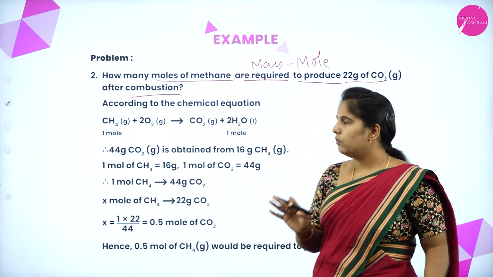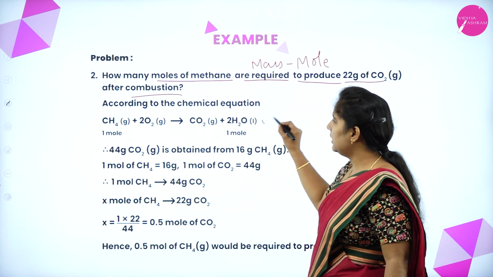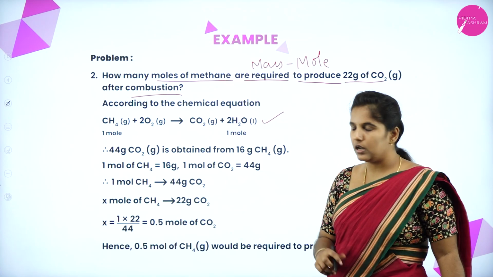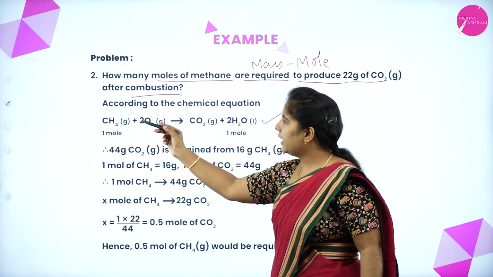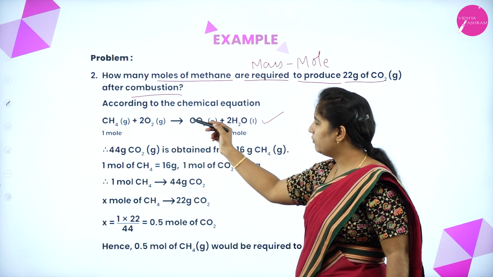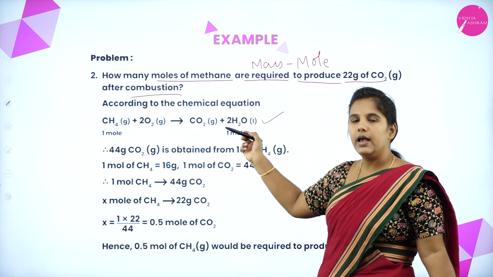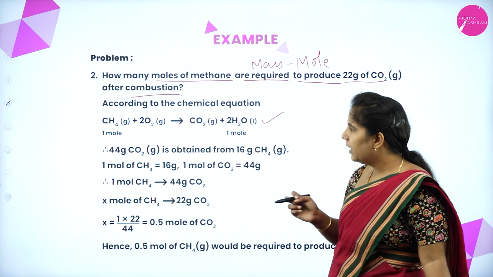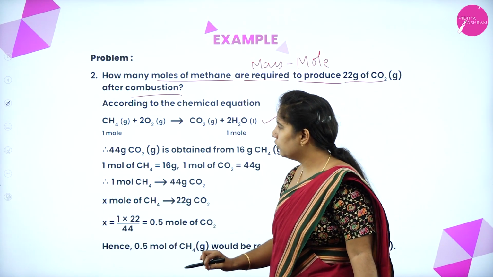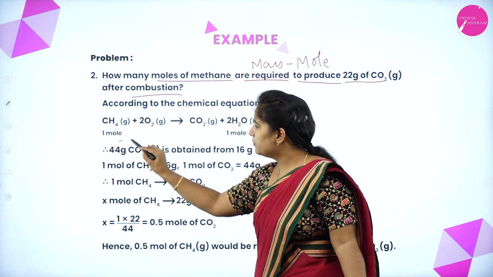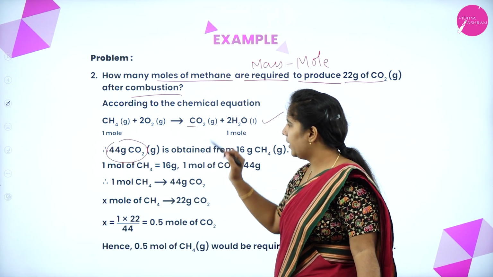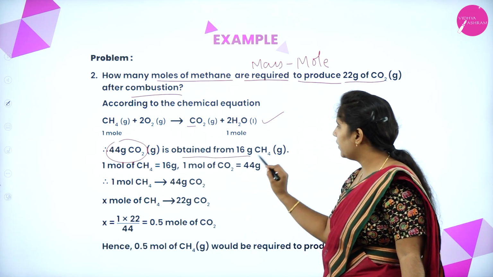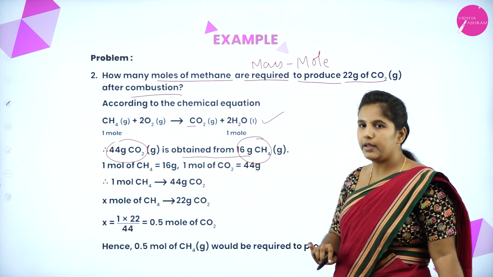How to do this? What do we have to do? First we need to write the balanced chemical equation. We know that 1 mole of methane reacts with 2 moles of oxygen, forming 1 mole of carbon dioxide and 2 moles of water. And next, we know that 44 grams of carbon dioxide is obtained from 16 gram of methane.